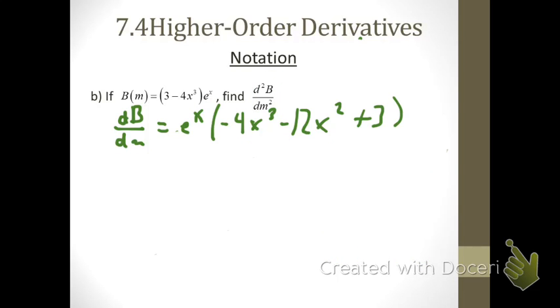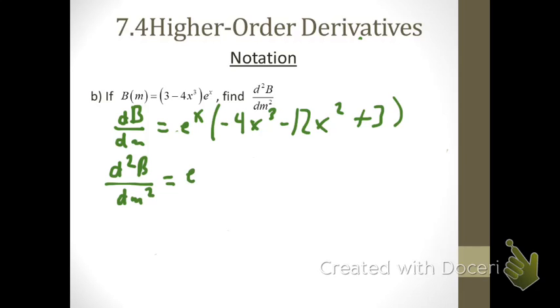Now let's take that and find the second derivative of the function, d2b over dm2. Again, product rule here.